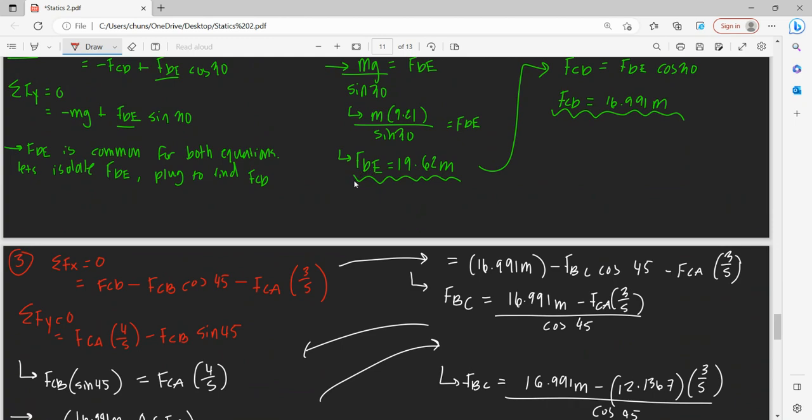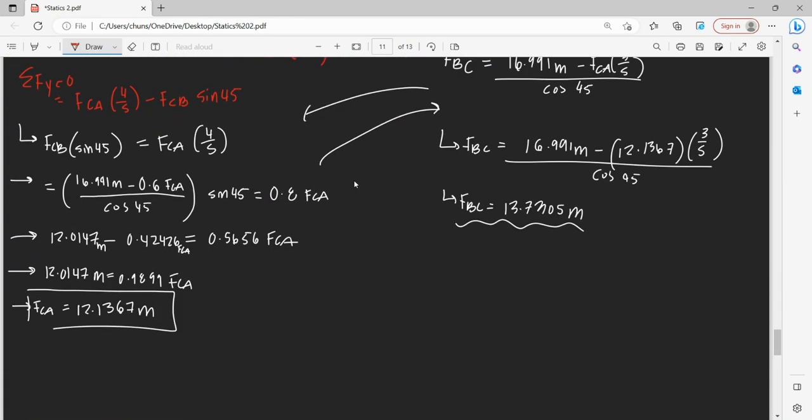So in that case, we are going to take a look at FDE. So all forces in terms of M. So use largest magnitude to maximize mass.